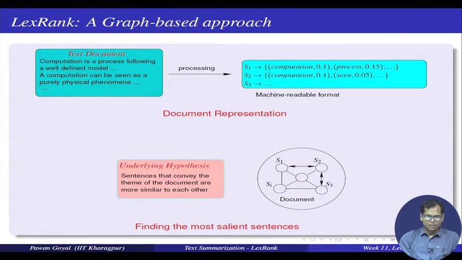Okay. So now this can give us a nice intuition on how to construct an algorithm. Sentences that are talking about the theme of a document are similar to each other. So I am saying a sentence is important if many other important sentences are similar to it.